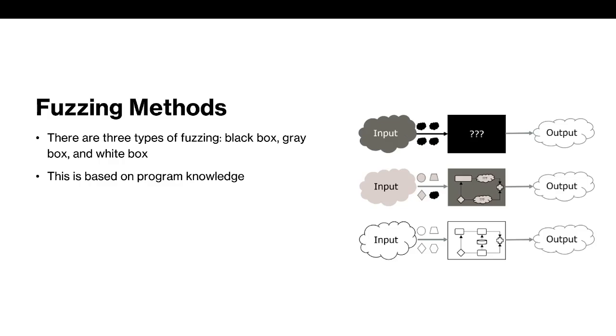Gray box fuzzing sits in the middle. You may have knowledge of your source program, for instance, but there may be proprietary libraries that link to it, and you can end up with scenarios where a crash occurs in the source program or it occurs in the library.